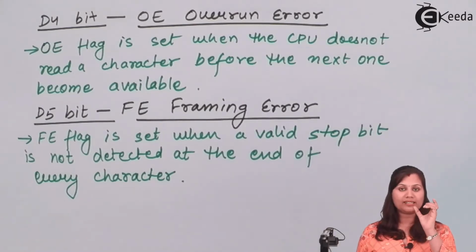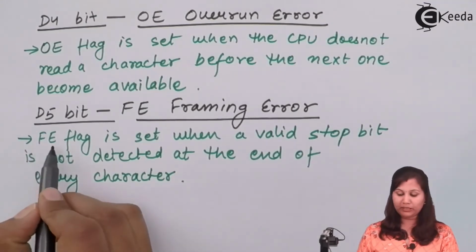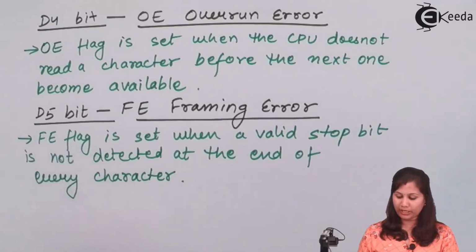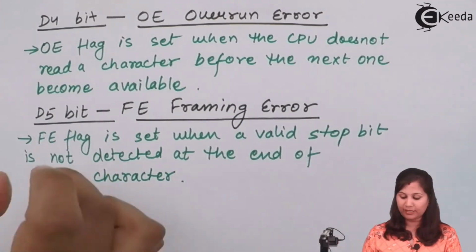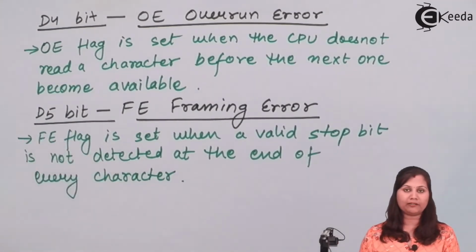If a valid stop bit is not given and framing is not done properly, then this framing error occurs, and it is going to set the framing error flag.